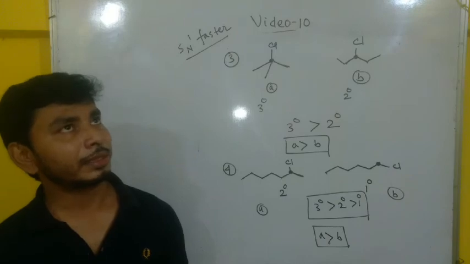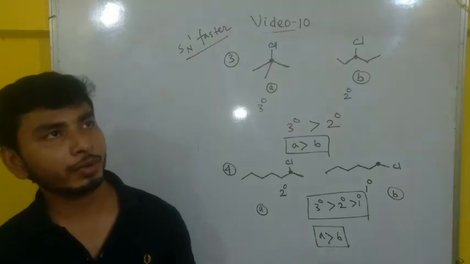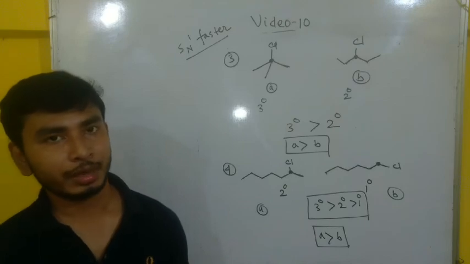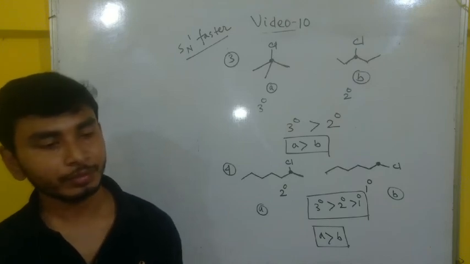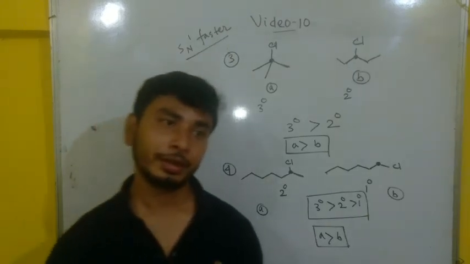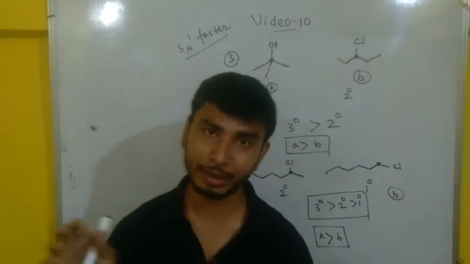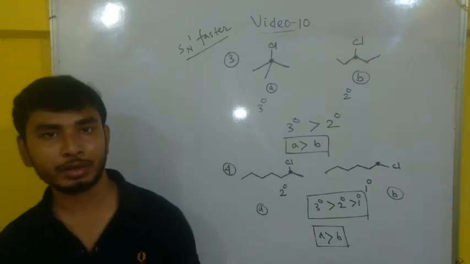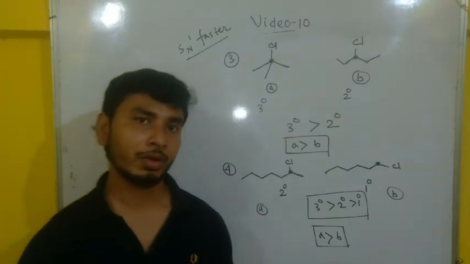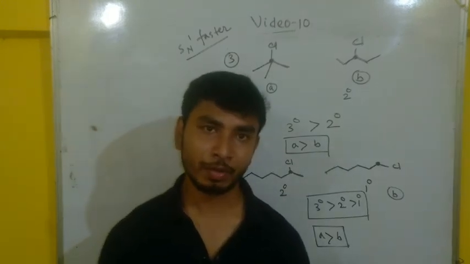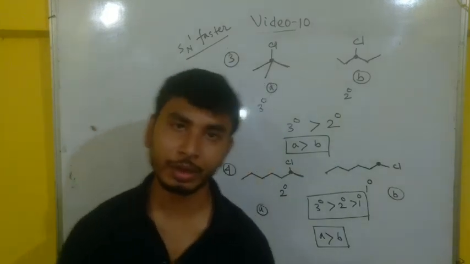Now in this unit the important questions are, first, complete the reaction. Next, what happens when. Next, convert, for example convert ethanol to ethyl chloride, propane to propanol. So conversions are important.